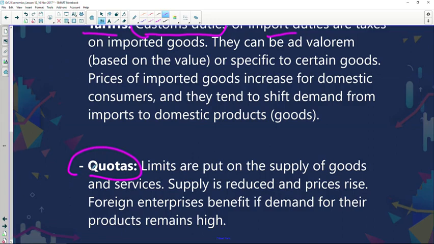There will be a percentage that would be allowed in terms of what could be supplied. It would also be good for foreign enterprises if demand for their products remains high, because people will continue to purchase those goods and services.